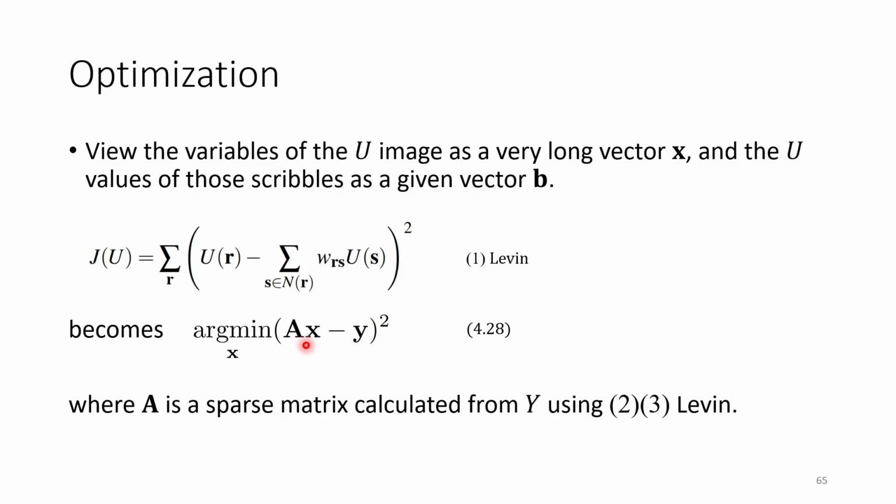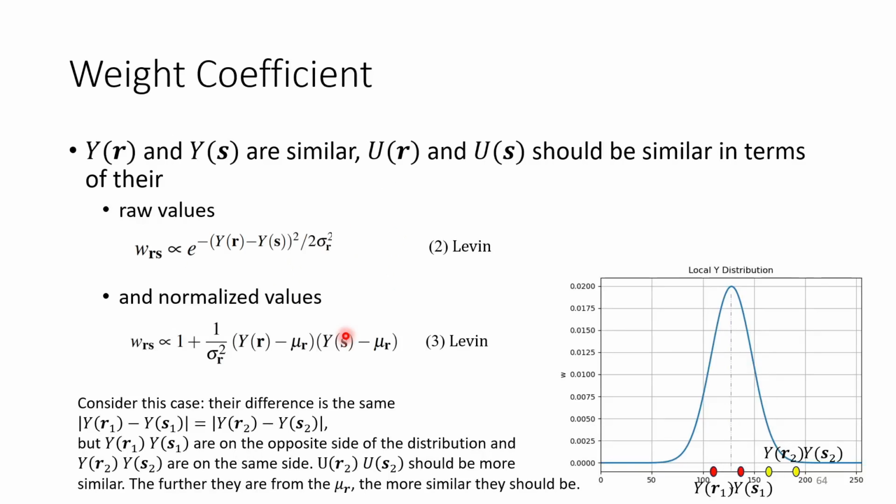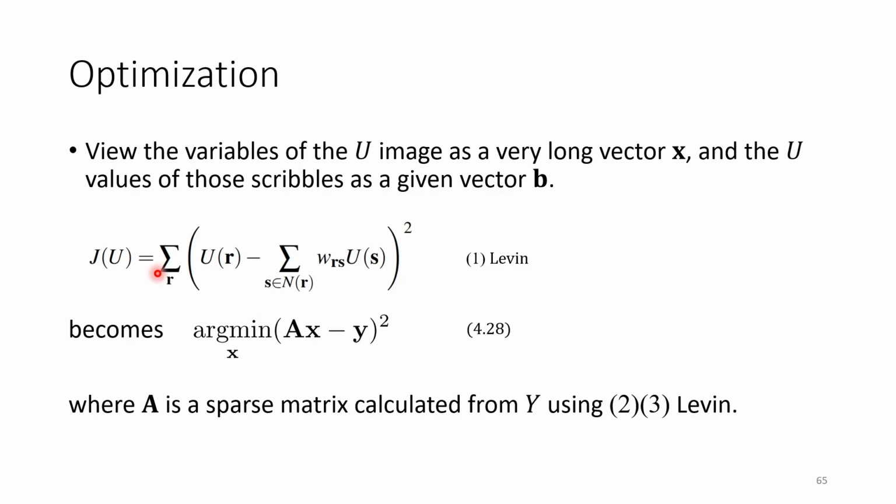About R and S, there are some coefficients, and the coefficients are decided by the two weighting functions. Therefore, overall, this function will be converted into a matrix minimization problem.